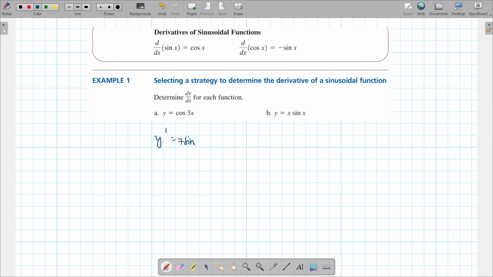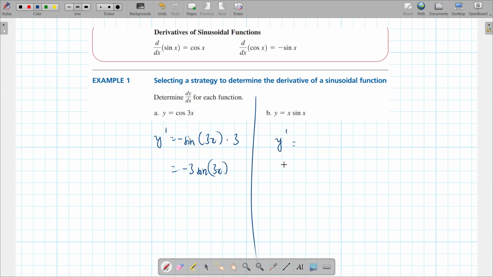The angle doesn't change, okay? The angle doesn't change. Like that. And then what? 3. 3, done. You could move that 3 in the front if you like. This is fine. But you cannot multiply that 3 with the angle.